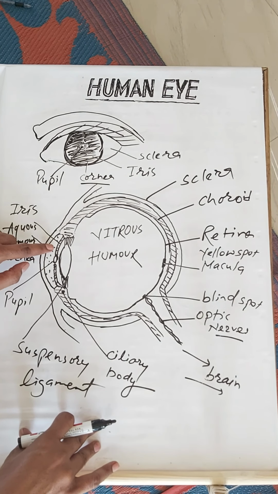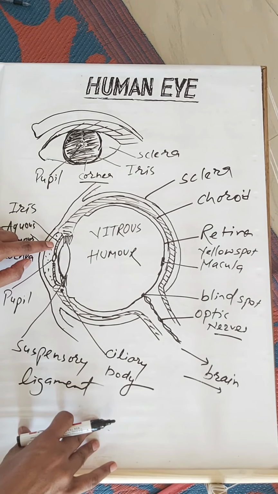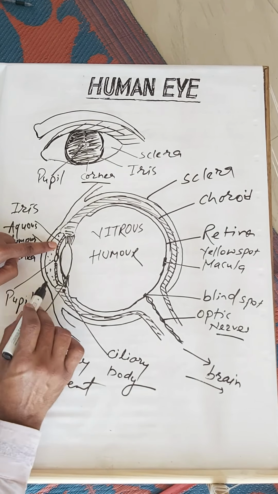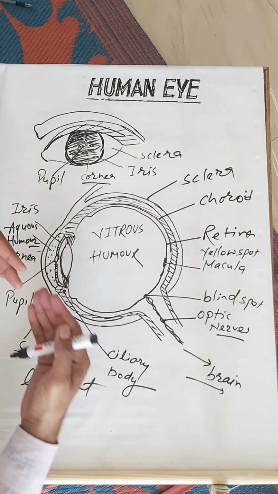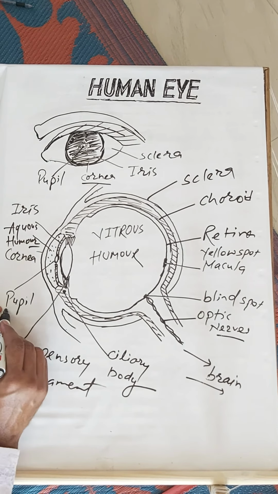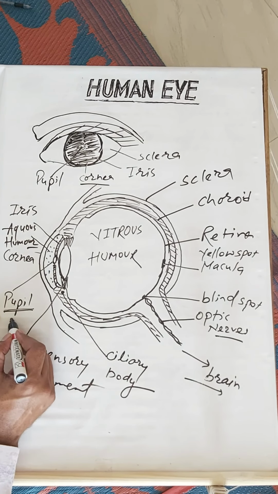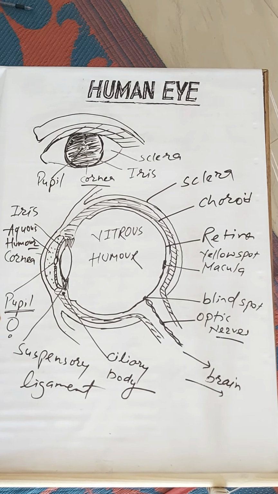Now next is iris. Iris is colorful part. It may be black, it may be blue or brown. Okay, whatever the color, it contract and relax to increase and decrease the size of pupil. The size of pupil increases in dim light and decreases in bright light.